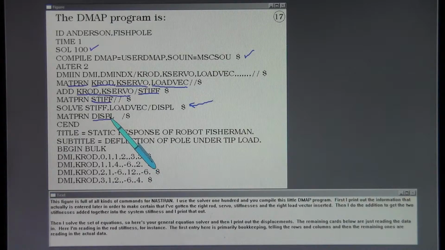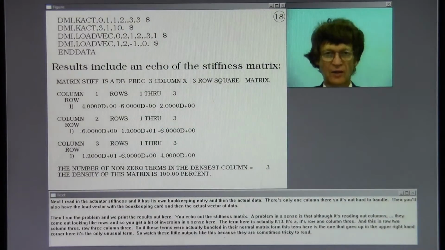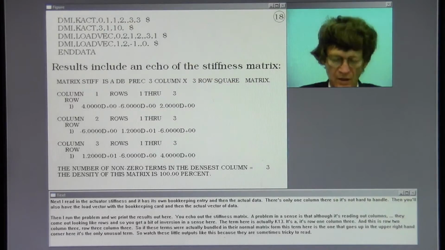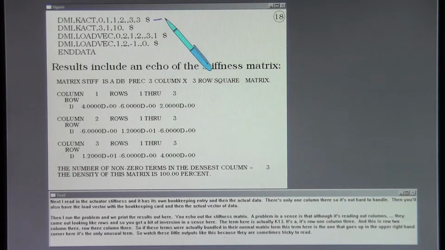The remaining cards below are just reading the data in. Here I'm reading in the rod stiffness, for instance. The first entry here is primarily bookkeeping, telling the rows and columns, and then the remaining ones are reading in the actual data. Next, I read in the actuator stiffness, and it has its own bookkeeping entry and then the actual data.